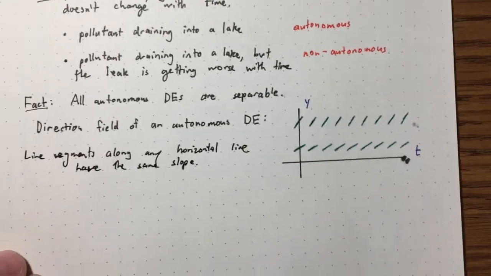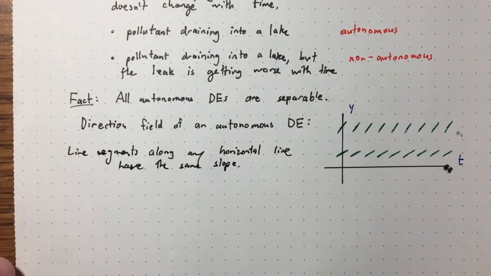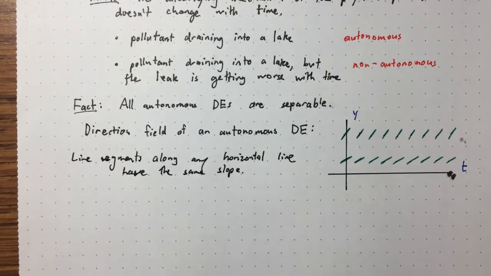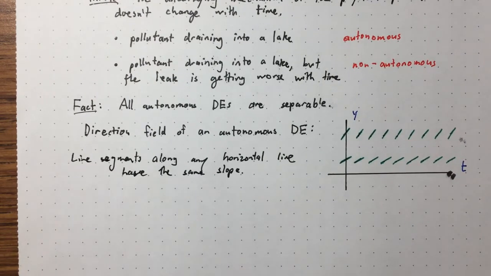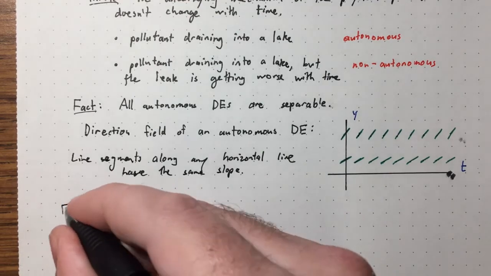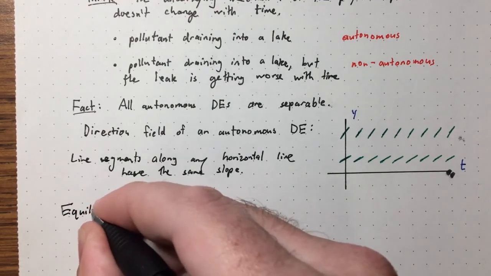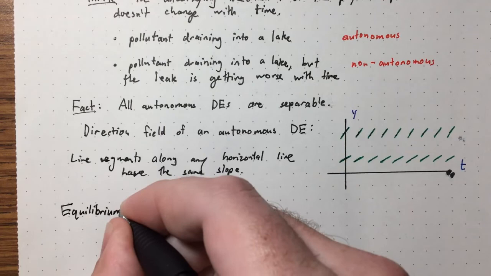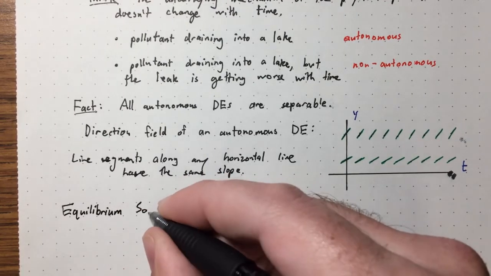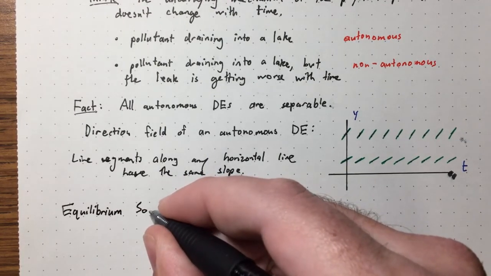So that's how you recognize the direction field of an autonomous differential equation. Okay, that's enough about that. So why are we actually studying autonomous differential equations? That's so we can talk about their equilibrium solutions. This will be the main topic of today's lecture and the next lecture.